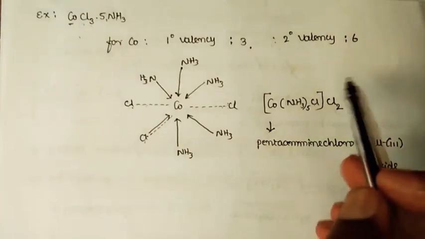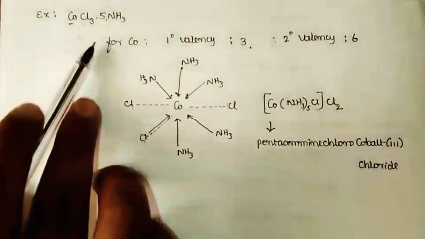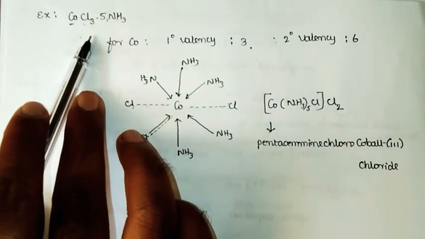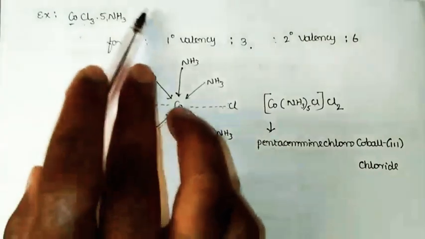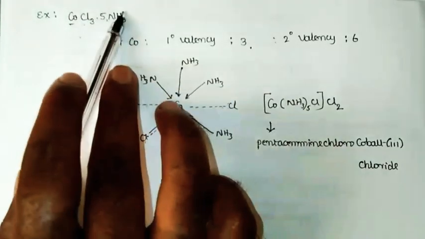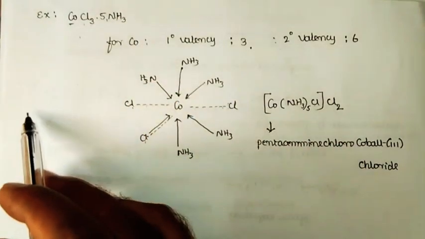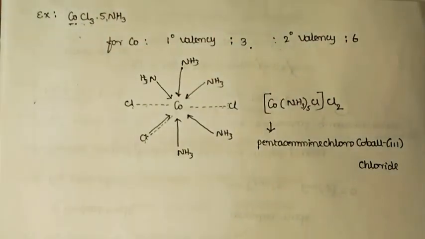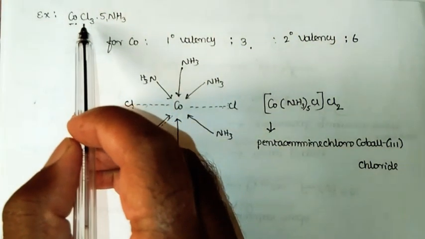We said the coordination compounds are soluble in water, right? So we can add this complex compound into water and we will get a solution. But one question comes to mind. Here we have chlorine, that is halogens are there.